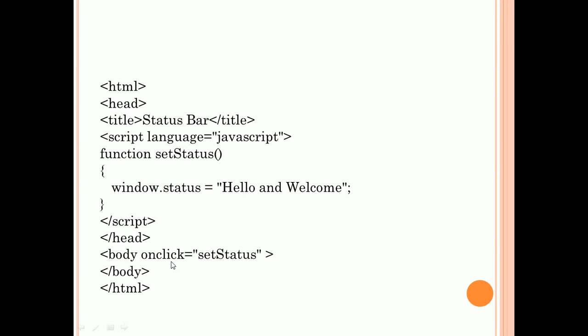This function will be called on the body tag's onclick event, so that whenever the event is activated the function will be called, and this message will be displayed on the status bar.